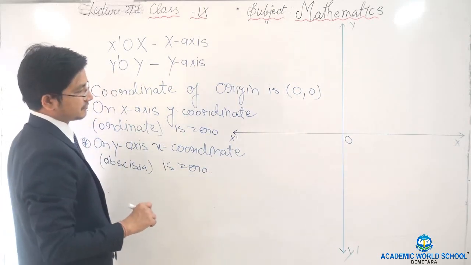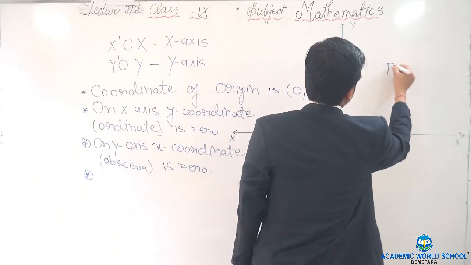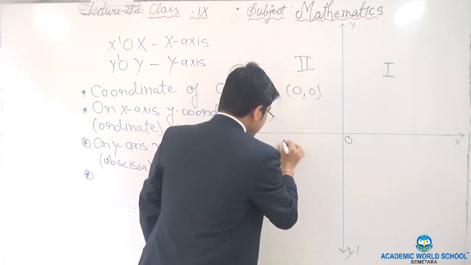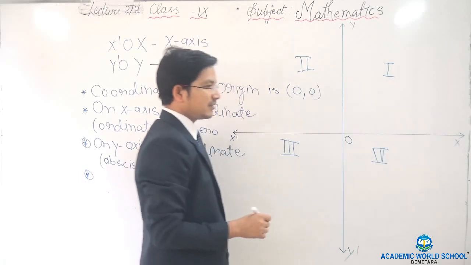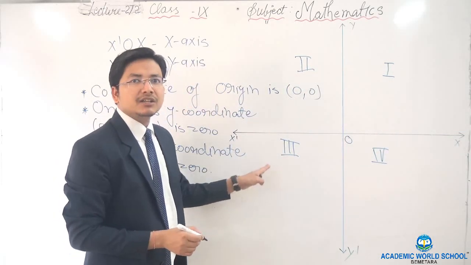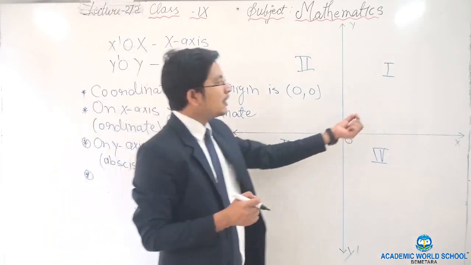Now we know this is the first quadrant, this is the second quadrant, this is the third quadrant, and this is the fourth quadrant. This plane is divided into 4 equal parts. Each part is known as a quadrant.